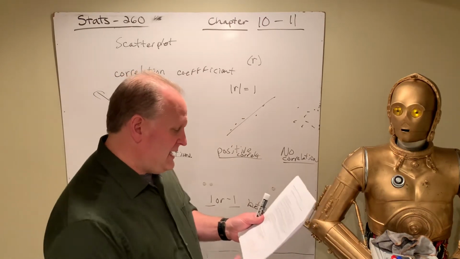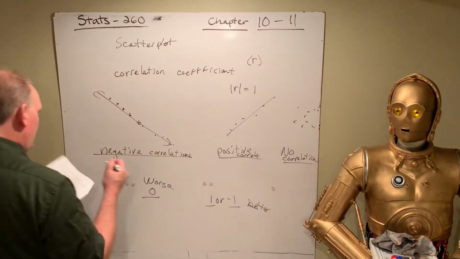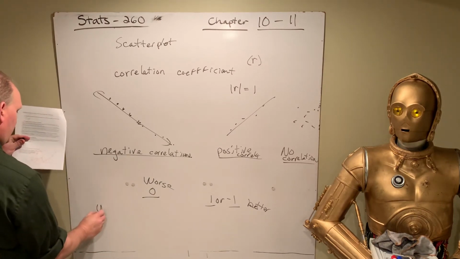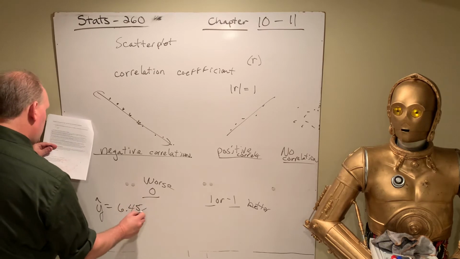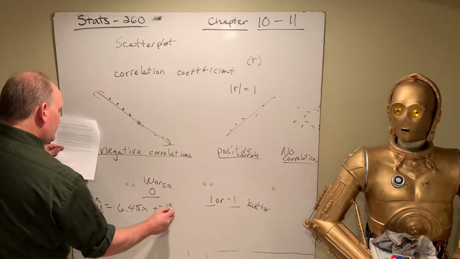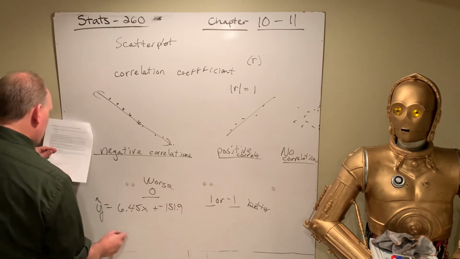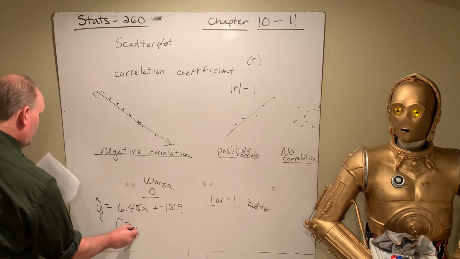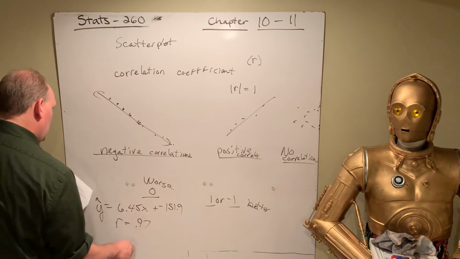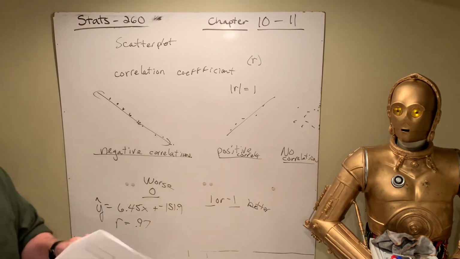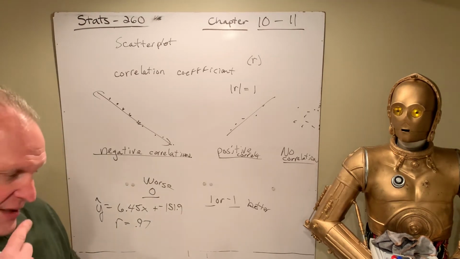If you put that data into Excel and ran a linear regression, it would kick out a correlation of 0.97, which is very close to 1, a strong linear model.